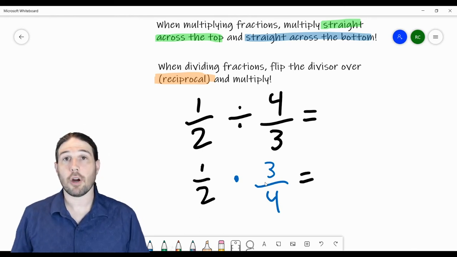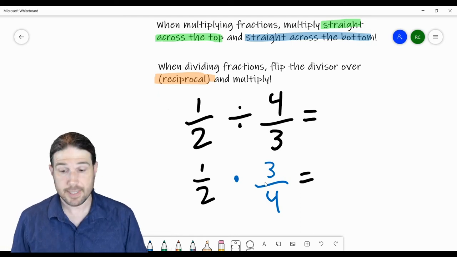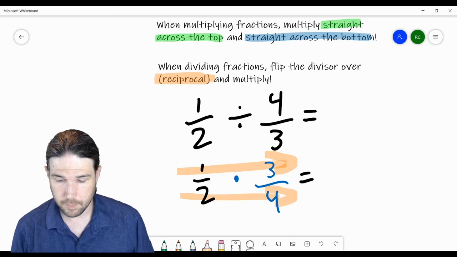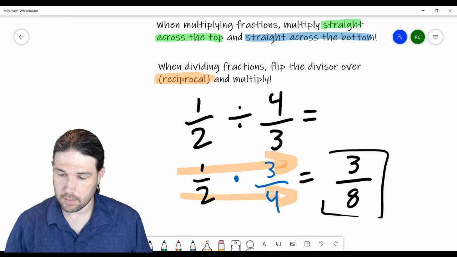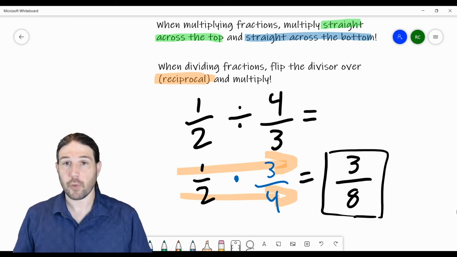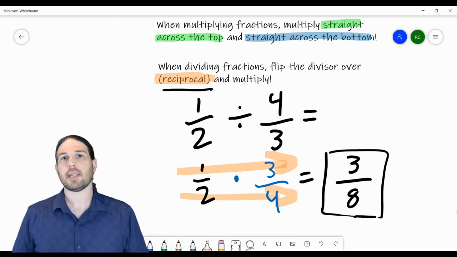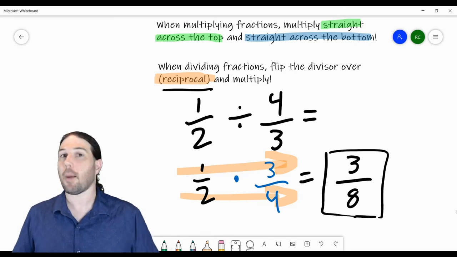Okay, these are the same process, but one of them we know how to do very easily, right? Just multiply straight across the top, straight across the bottom, and we get 3/8. When you're dividing something, you're really just multiplying by the reciprocal. Just like when you are subtracting numbers, you are really adding the opposite, right?